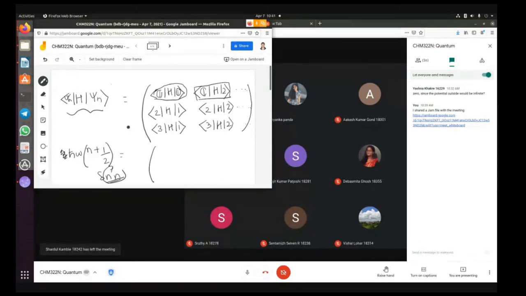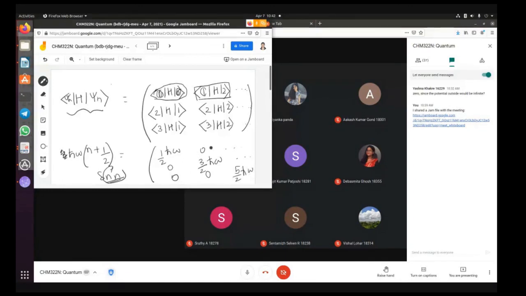I should start n with 0 because the first state is 0. So in the first state I'm going to get half into h cross omega. Here I'm going to get 0 and so on. Then I'm going to get 3 by 2 h cross omega, and then 0, 0, and here I'm going to get 5 by 2 h cross omega and so on.